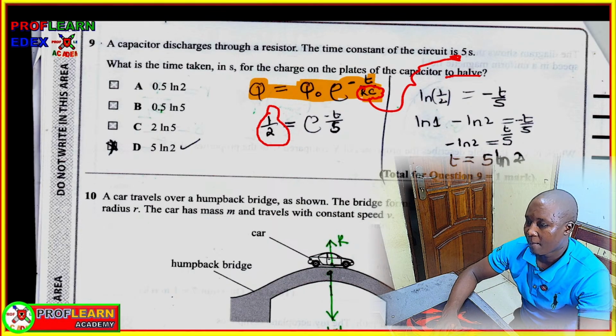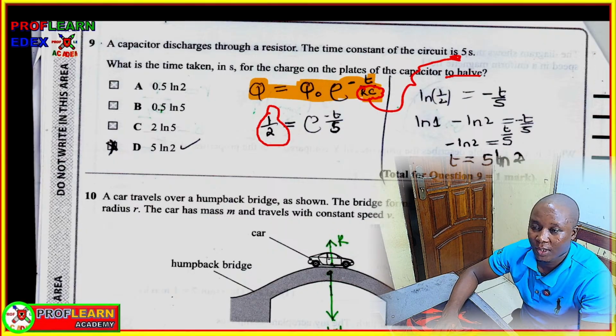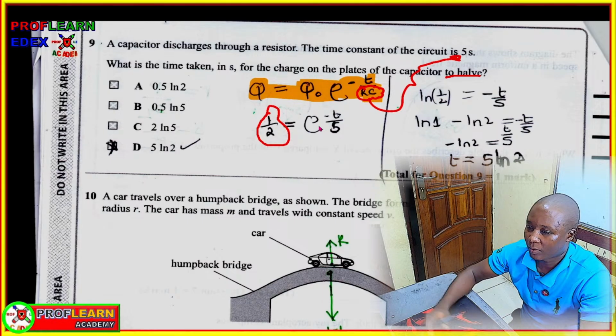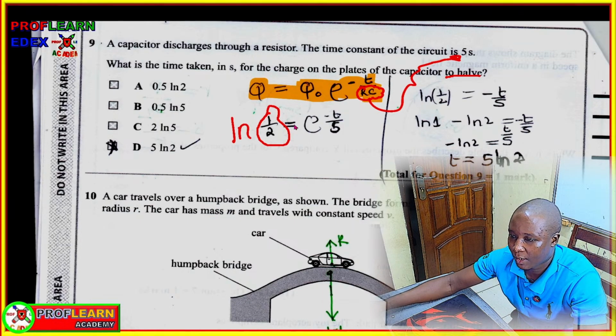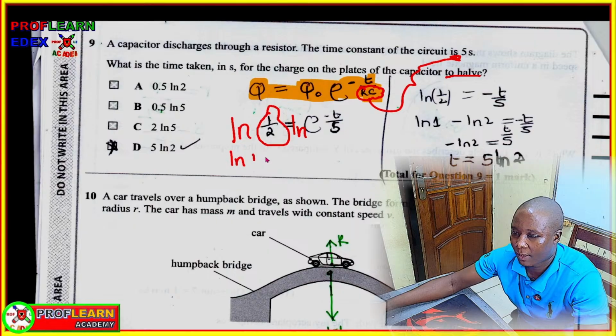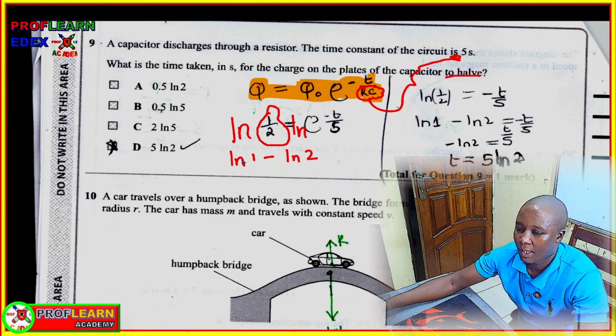Once we've gotten that, we are going to introduce natural logs. So we have ln of a half equals ln of e to that power. I just introduced ln here, and also here. You realize that ln of a half is the same as ln of 1 minus ln of 2, and ln of 1 is always 0.